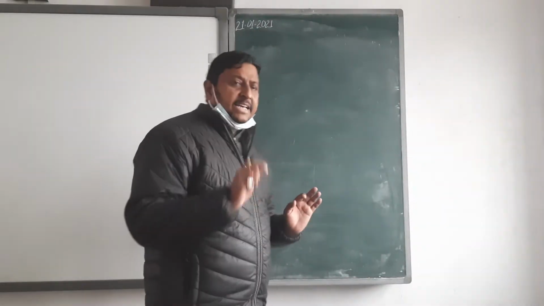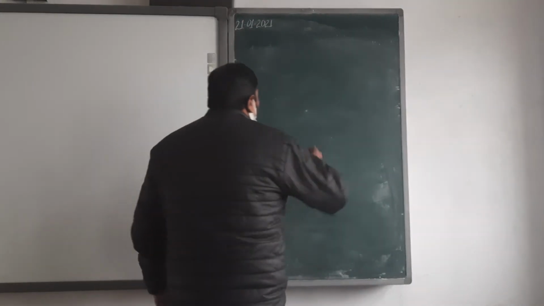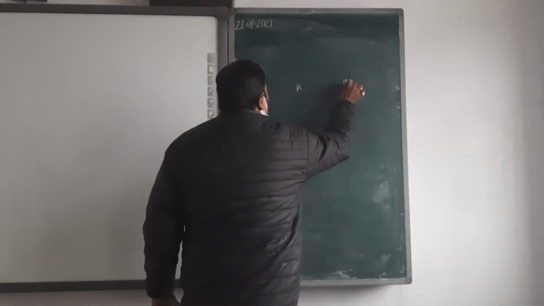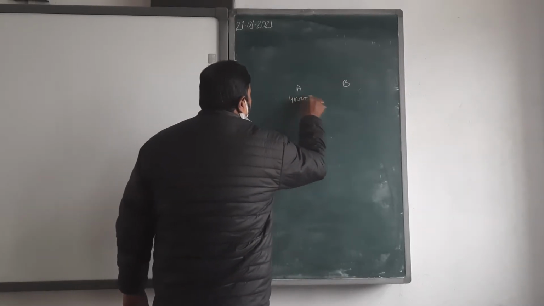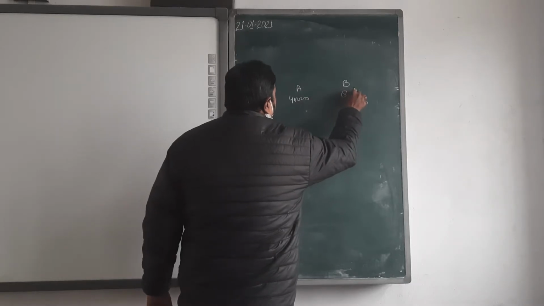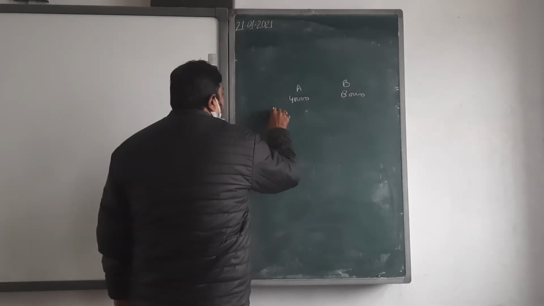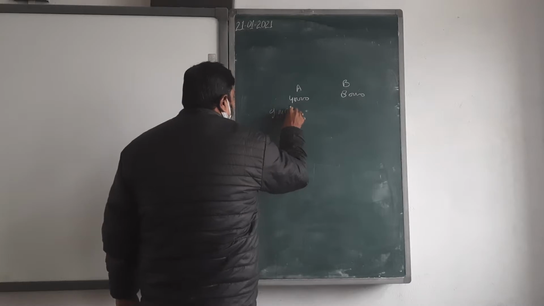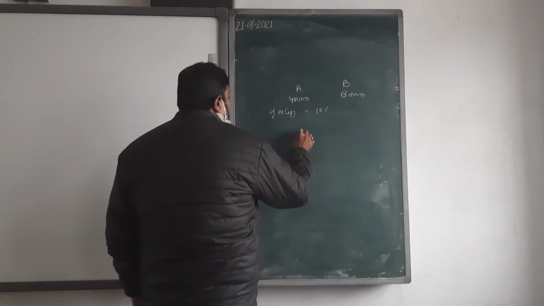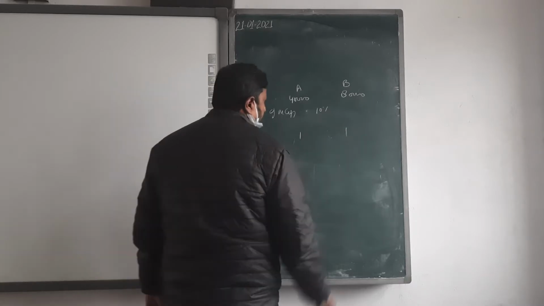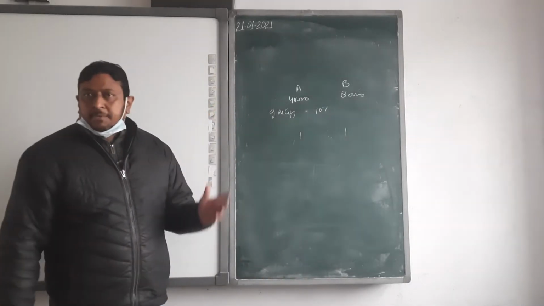Okay beta, for example, if A and B are partners, their capitals are 40,000 and 80,000, the interest on capital rate is 10%, and the profit sharing ratio is 1:1. What type of fault is coming?